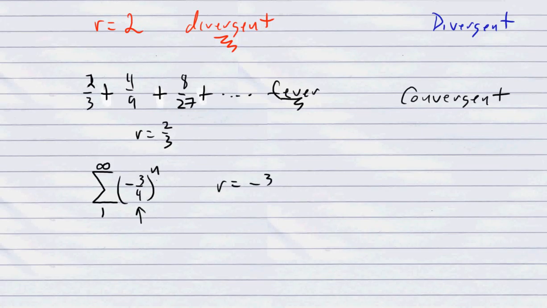So R is equal to -3/4. That's also within the -1 to +1 interval, so that series will also have a sum because it is also convergent.